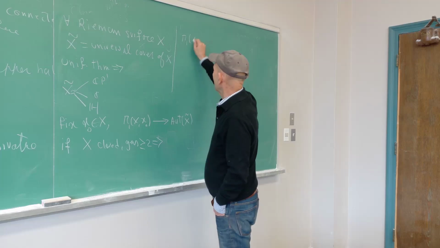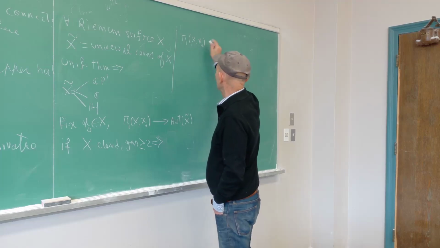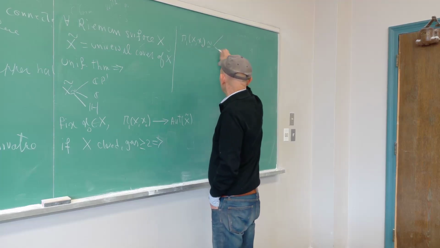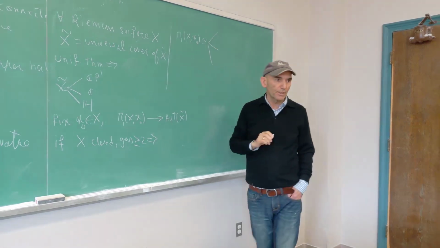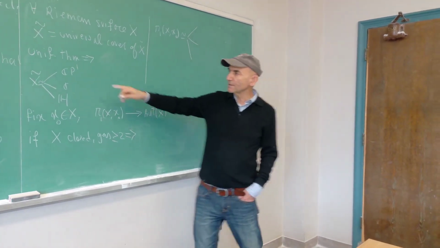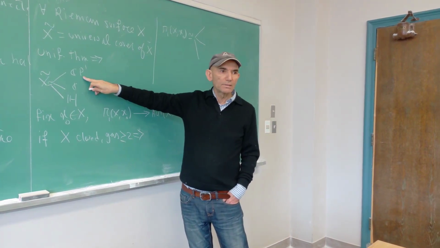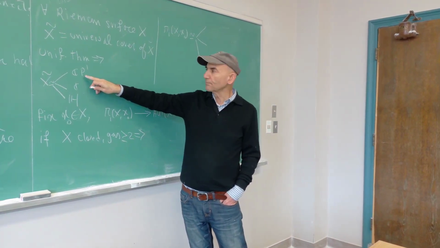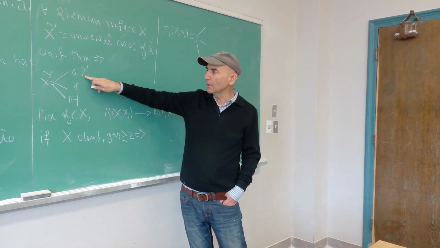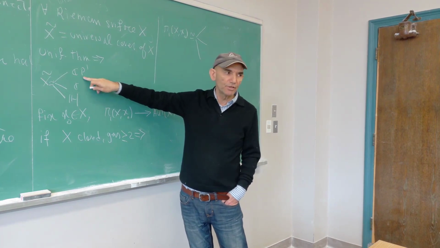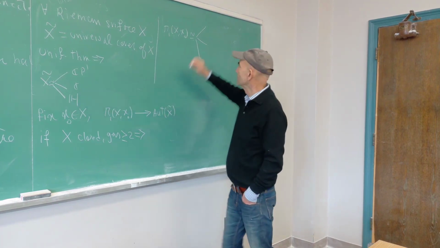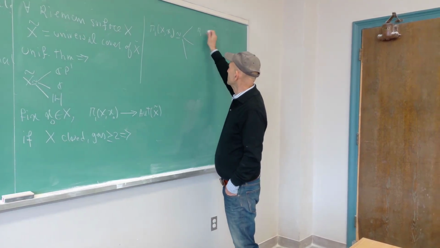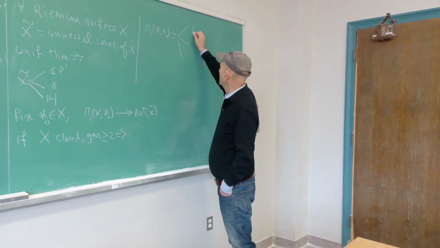It is isomorphic to one of these three things, right? In the first case, because this is simply connected, pi 1 is trivial, so it's going to be trivial.